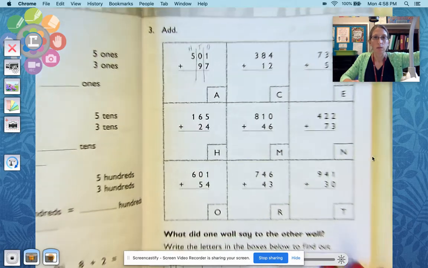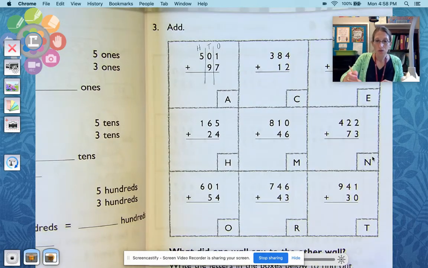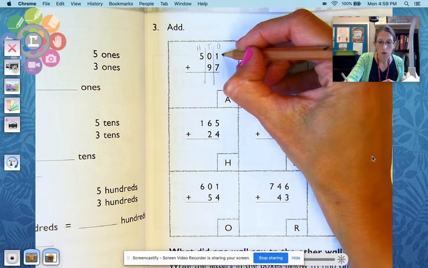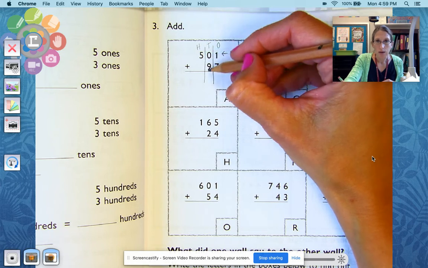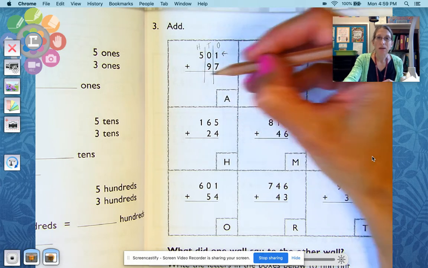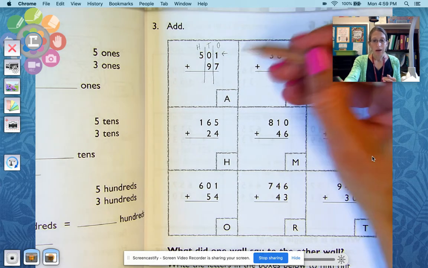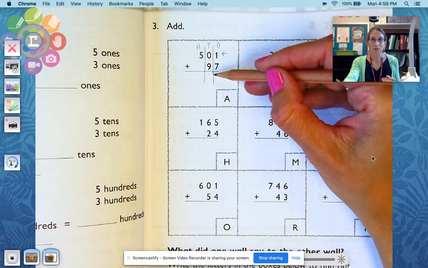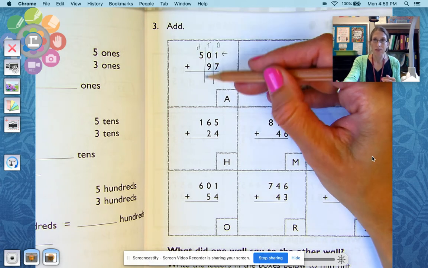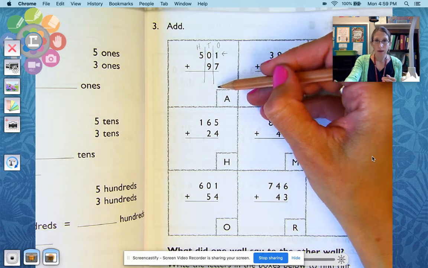Let me zoom in a little bit for us. So, it's a really prudent thing to do so that we make sure that we are adding our ones and then we're adding our tens and then we're adding our hundreds because we are going to do some bigger numbers pretty soon and we might kind of run out of space. So it's a really good idea for us right now to make some good habits of doing our work carefully and being nice and neat and organized.